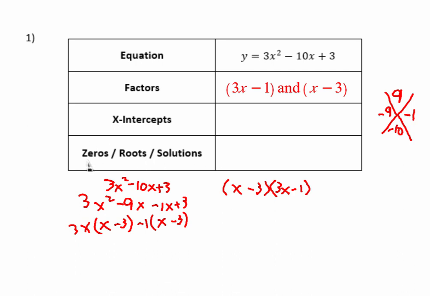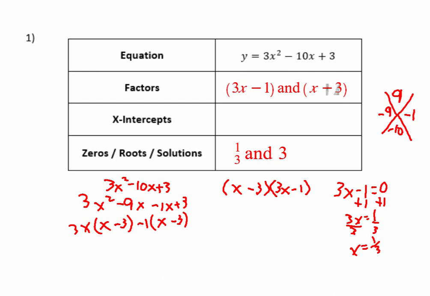So then our zeros are just going to be, if I work this out, this one gets me 3, and then the 1/3 comes from this. If I take 3x minus 1 and set it equal to 0, then I can add 1, 3x equals 1, divide by 3, divide by 3, x equals 1/3.